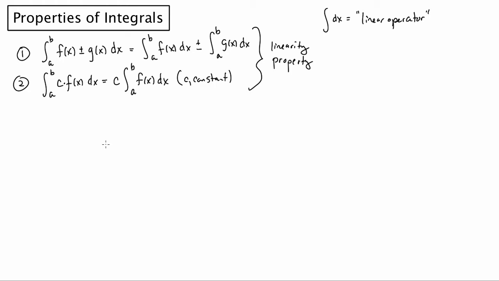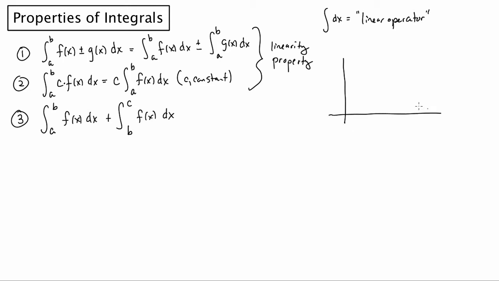All right. The third rule is that if I look at the integral from a to b, and interpreting this in terms of area is going to help, and I add to that the integral from b to c of f of x dx, then pictorially what I'm doing is taking the integral over an interval from a to c.